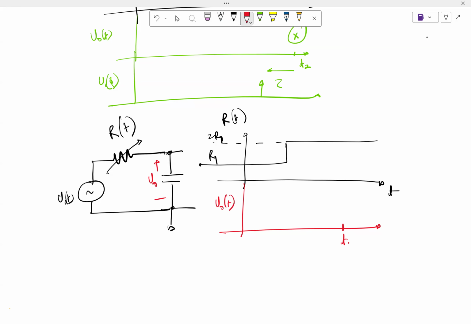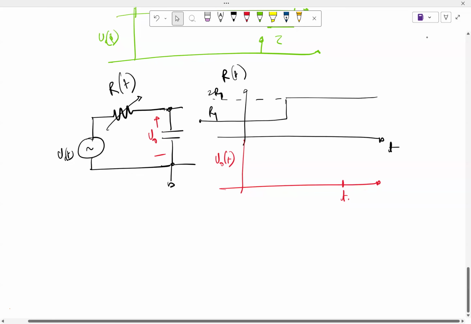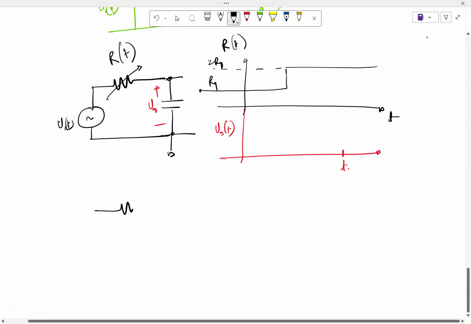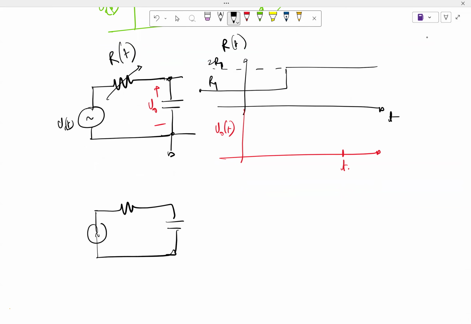So how can I go about thinking about it? Now, if I compare with the LTI model where the value of R is constant, then what would I see? Let's say I draw the LTI equivalent here. So this is my time.